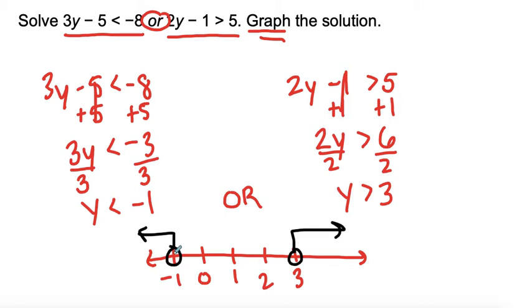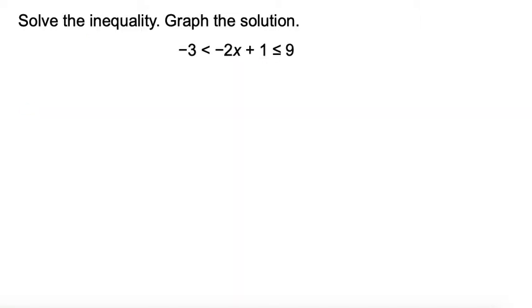So our solutions to this compound inequality is y is all values that are less than negative 1, all values over here, or all values that are greater than 3. And notice we have open circles here, so those solutions do not include negative 1, and it does not include the number 3.